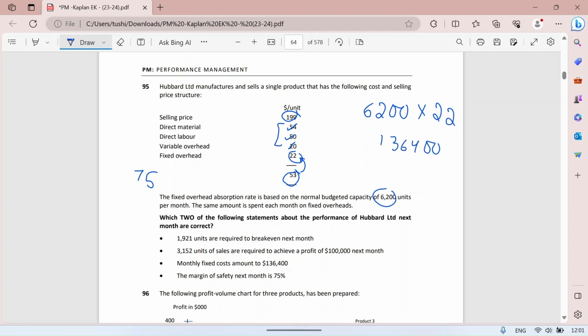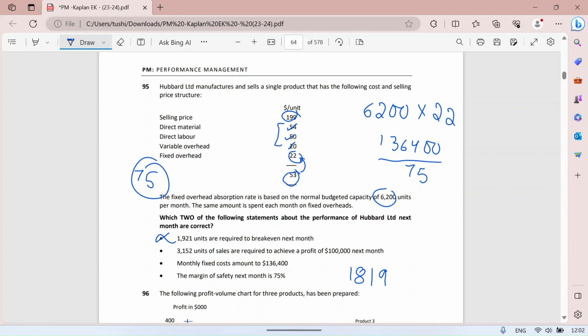Now to work out my break even, I just divide these fixed costs by the contribution I found, which was 75. So my break even point is 1819. So this is why the first statement gets eliminated, because it says 1921.